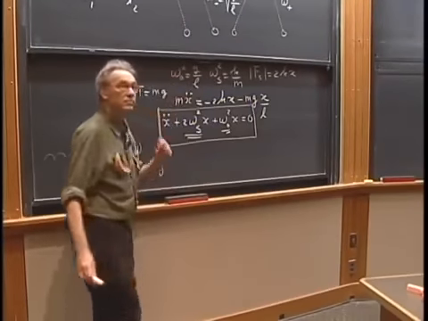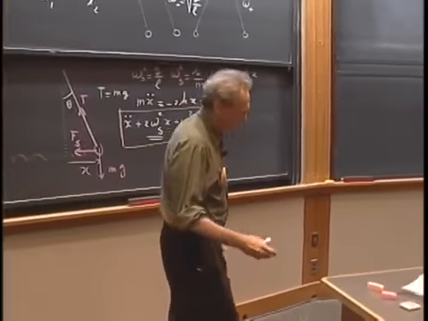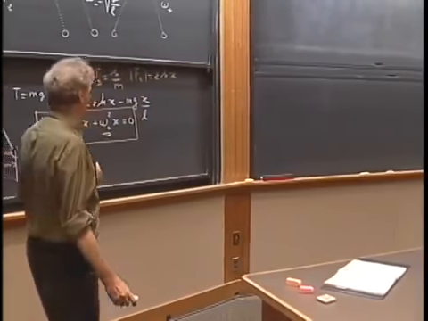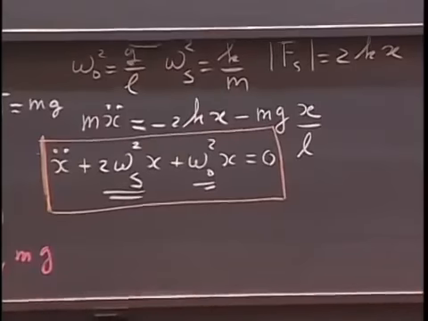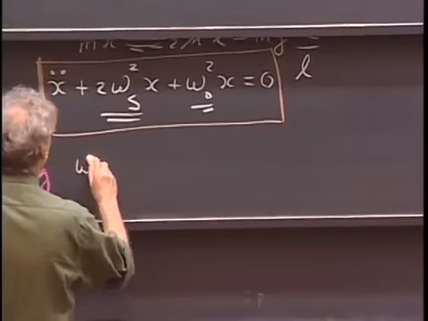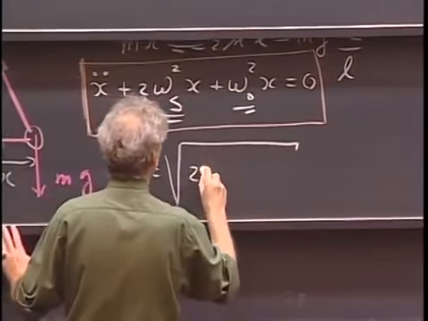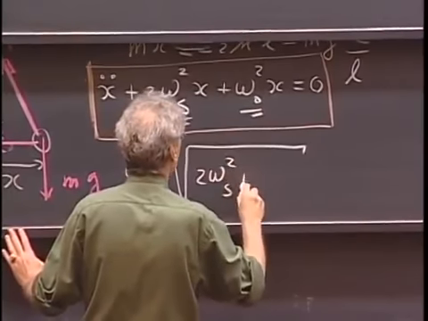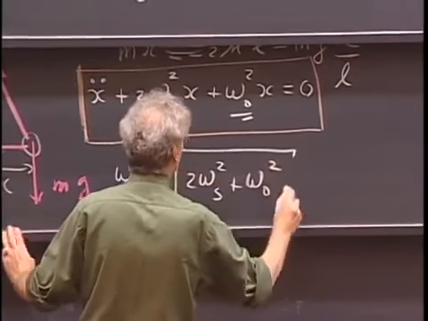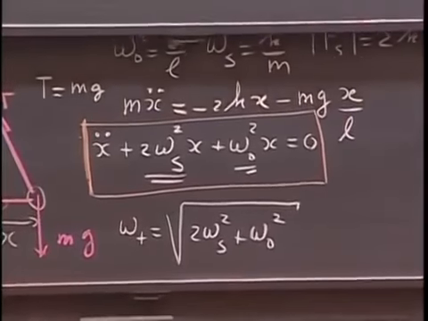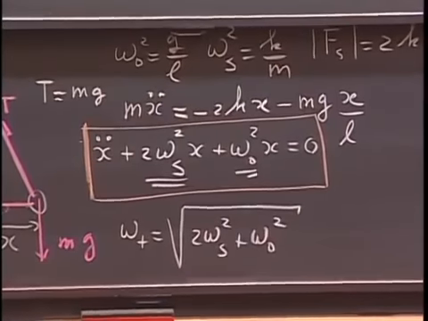times x. And so the new frequency, which I will call omega plus, is the square root of 2 omega s squared plus omega 0 squared. And what you see is something that I already anticipated, which was consistent with your intuition.